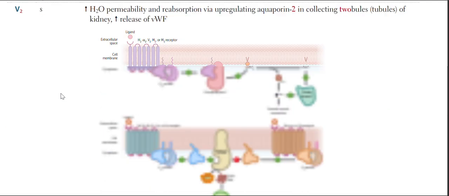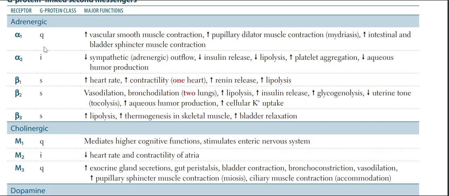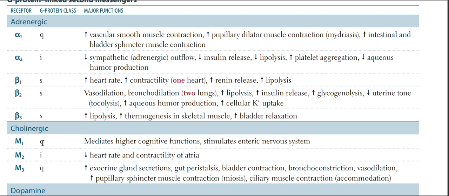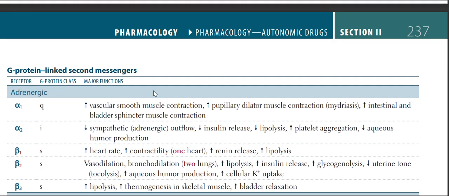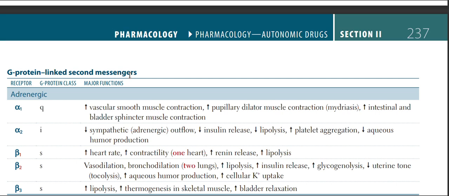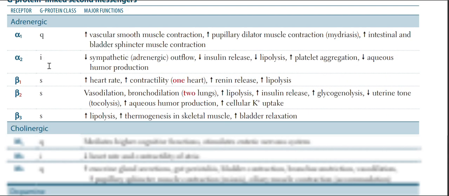But there is a good mnemonic here, which is KISS. So QISS, quiz, quip, and even if you don't remember these ones, that's all right. But do remember these ones. So quiz and quip, keep. So yeah, those are the receptors.